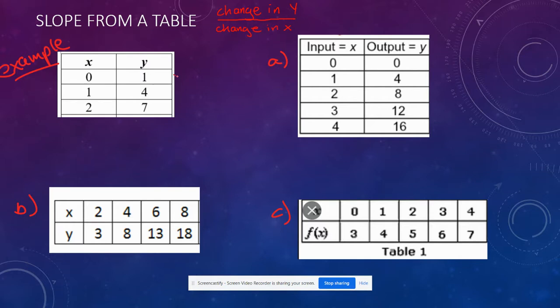So we do that on the outside in my example here. I'd find from 1 to 4 how much is being added or subtracted. Looks like it's adding 3 here. And that's going to be my numerator. Change in y is the numerator. For the denominator, okay, that's adding 1. Change in x is plus 1. So 3 over 1 is my ratio, my slope of the example.